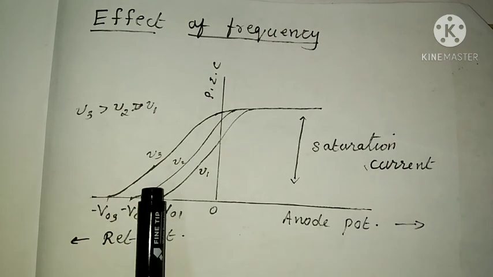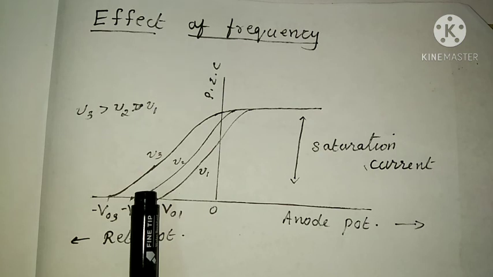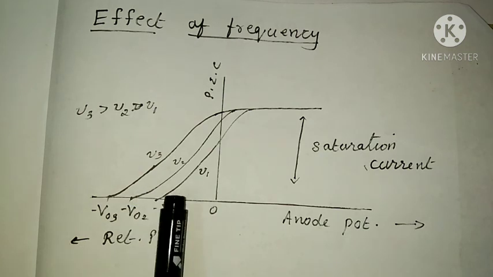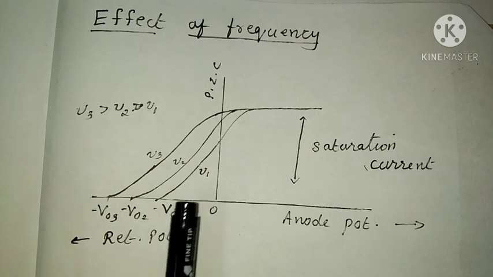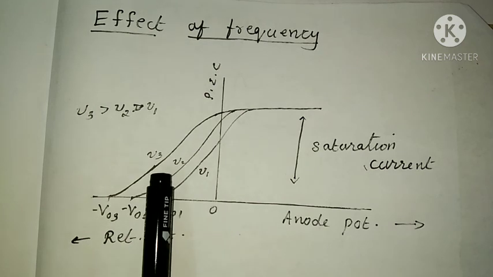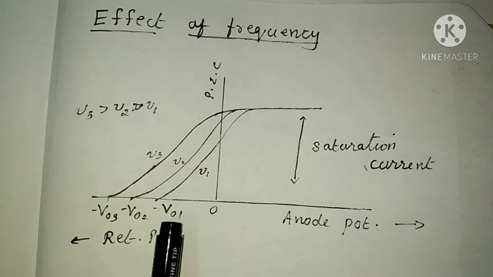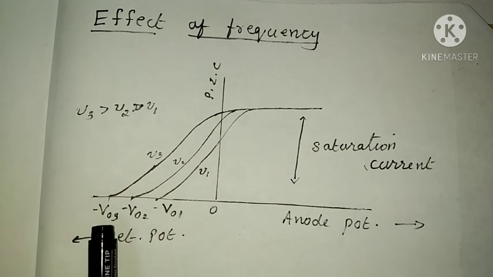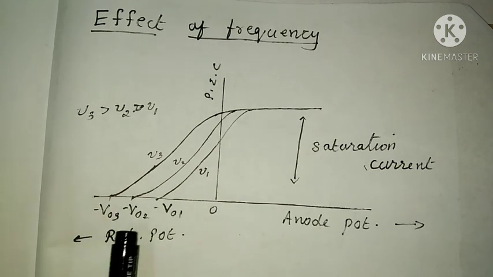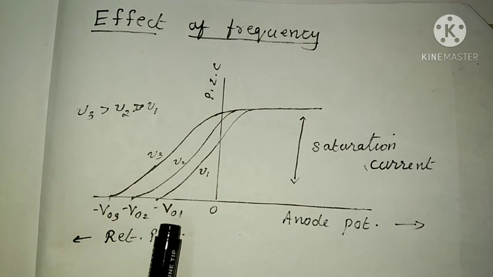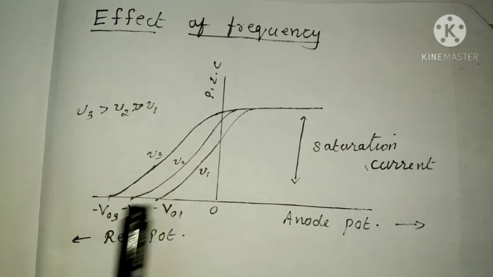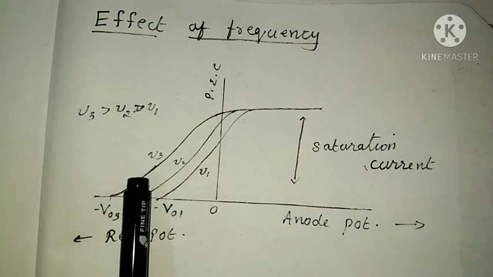The kinetic energy of the emitted electrons increases. When the frequency increases, the kinetic energy increases and we have to apply more negative potential to stop the electrons. So the stopping potential is greater for greater frequencies.